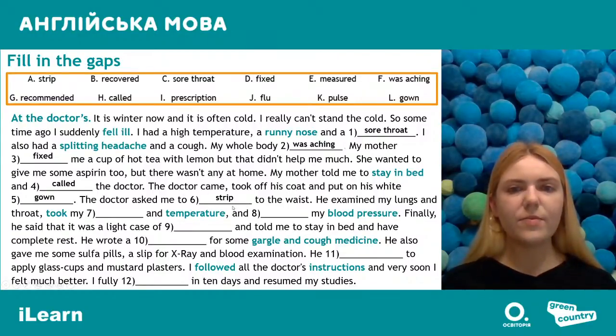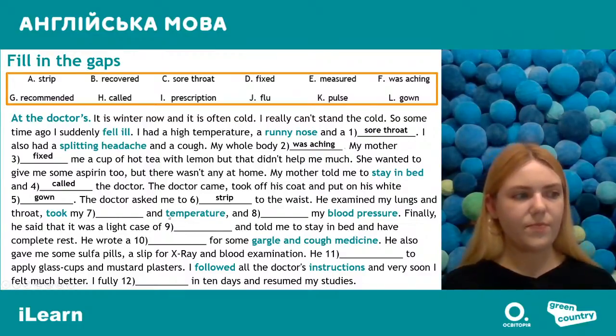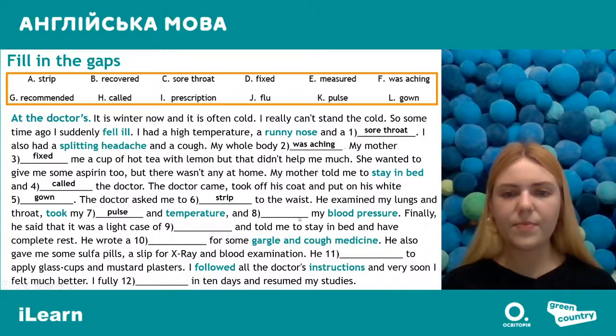And that will be strip. Strip to the waist, роздягнутись до пояса. Then number 7. The doctor took my and temperature. So what we can take? Took my, right, that is pulse. Поміряв пульс і температуру. Took my pulse and temperature.